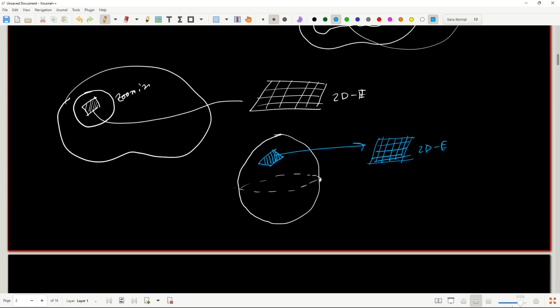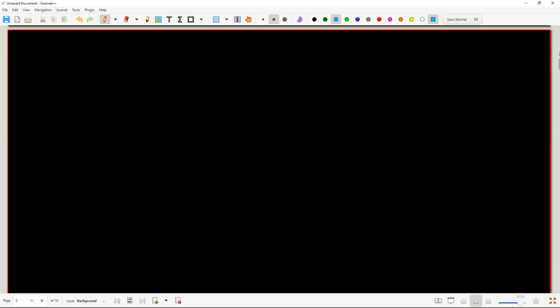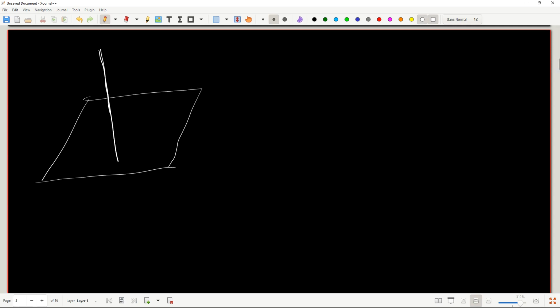But now let's take a look at another intuitive example. Let's say you have a 2D space. Okay, you already have a flat 2D space, but now what you do, you put some rod, or I don't know, introduce some string or an extra dimension.